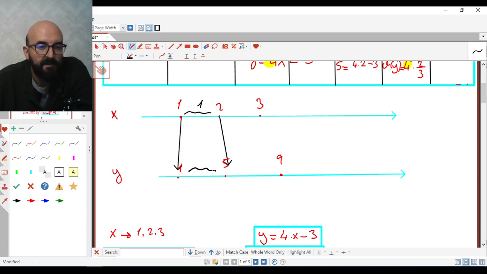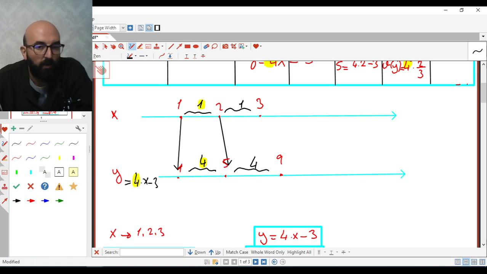Now the gap 1 becomes 4 because y is 4 multiply x minus 3, and y has the factor 4. So this gap 1 becomes 4 because we have the factor 4.